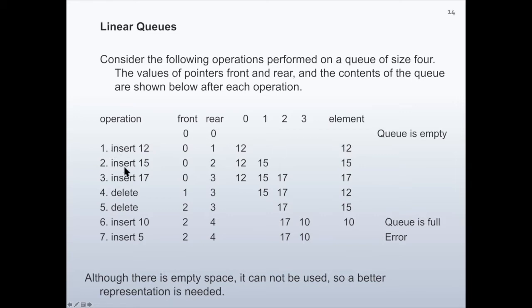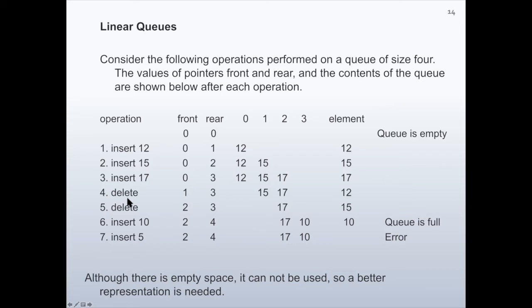The next operation is insert 15. 15 is inserted at the location rear. Rear was 1 and 15 is inserted at location 1, and then rear is incremented by 1. Then we have insert 17. Rear was 2, so 17 is inserted at location 2, and rear is incremented.